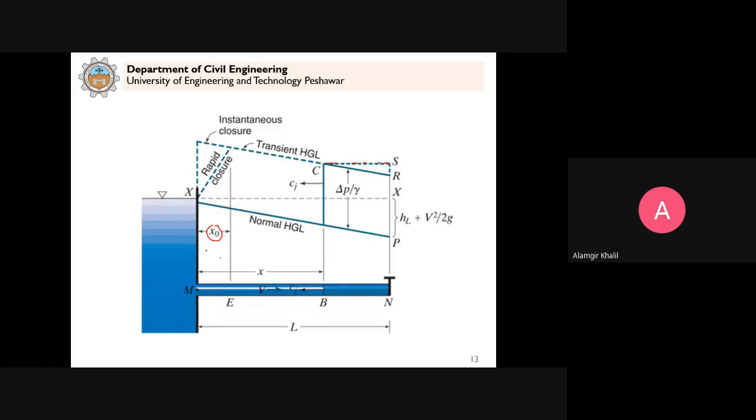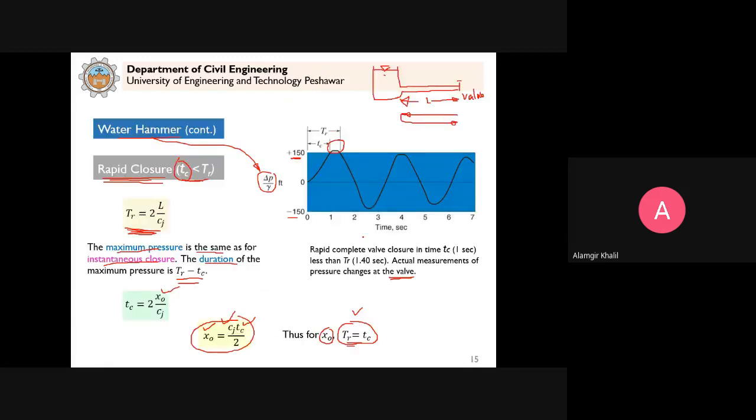But for x less than x naught, the pressure will be less than the maximum pressure. Clear? And this x naught we can calculate using this formula. For this x naught, the return time is equal to the closure time. That's why the maximum pressure cannot occur for any point less than x naught.